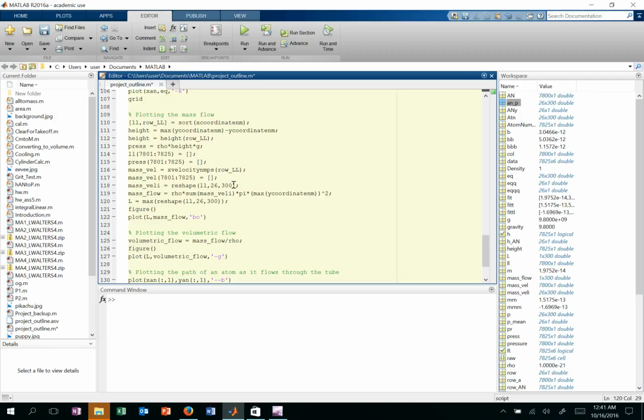It's going to take all of the velocities in a certain distance and basically just add those together. And we're also going to reshape our s coordinates to correspond with that, and we're going to take the max s coordinate of each row, and then we're going to plot it as that.